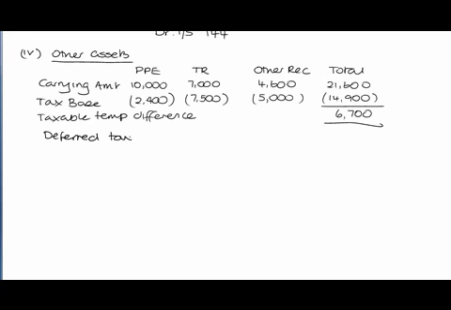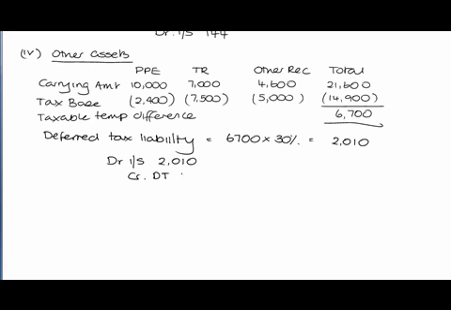The deferred tax liability on that is 6.7 million times 30%, 2010. All of these items are income statement items, so it would be debit income statement 2010, credit deferred tax liability 2010.